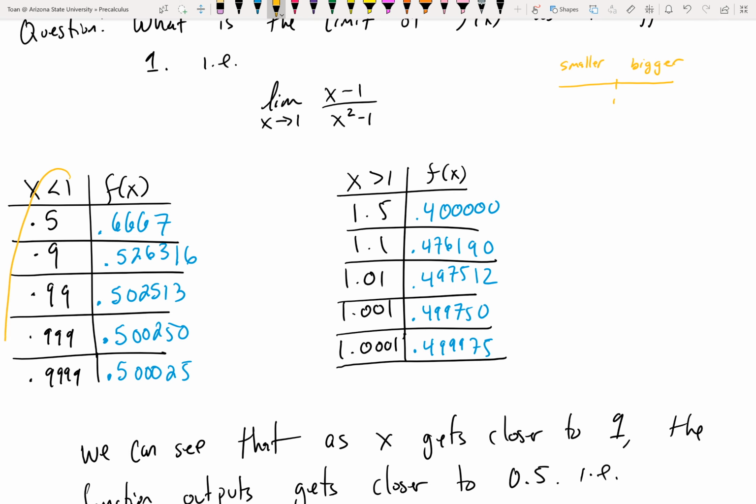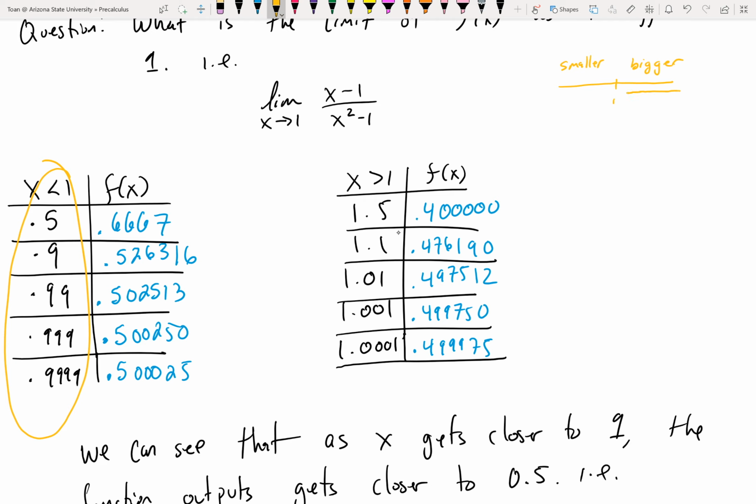So all of these x values were smaller than 1, smaller than the x value we were looking at. So we would say that these numbers are to the left of 1. These numbers are getting closer and closer to 1, but since they're less than 1, they were getting closer from the left. You can see in this number line that 0.5, 0.9, 0.999, getting closer and closer to 1, we were approaching from the left.